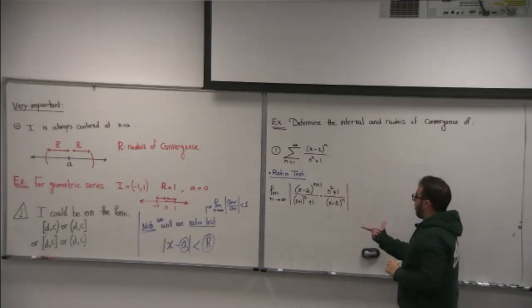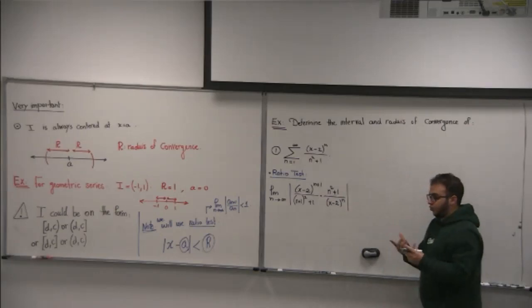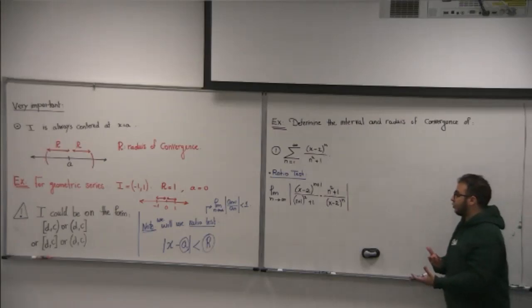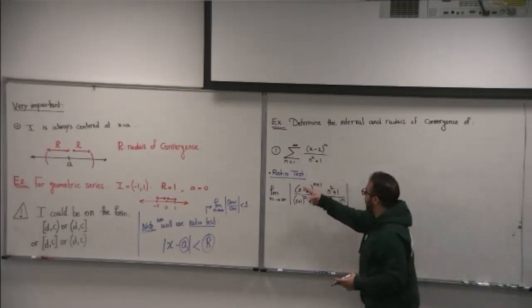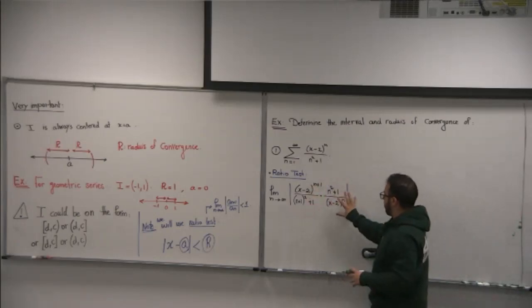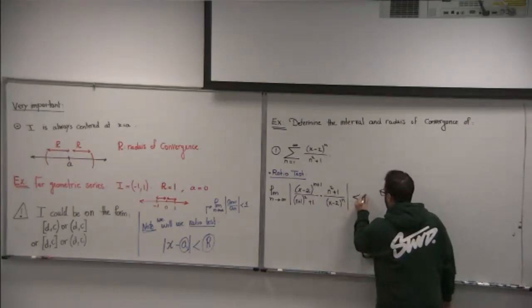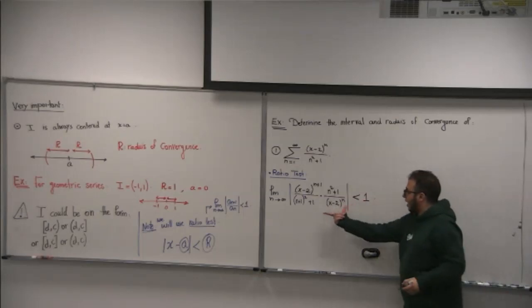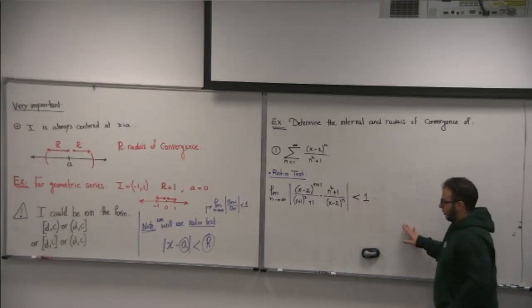Now, I'm doing convergence. I'm trying to conclude what value of x will make the series converge. So what value of x will make this limit less than 1? Because in the ratio test, when do I converge? When that limit is less than 1.